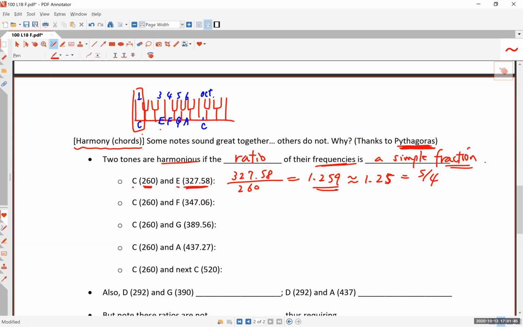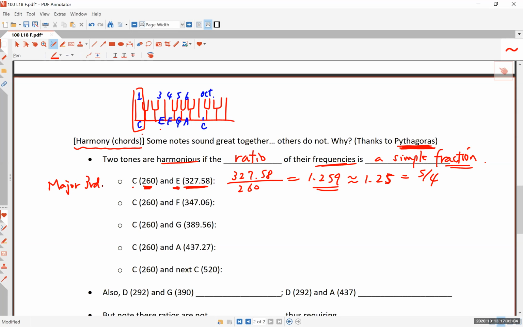Not exactly, but approximately equal to that. So they harmonize well. In fact, if you play the C chord, it consists of C, E, and G. These harmonize well. These are consonant sounds. And C and E, this interval is called a major third.